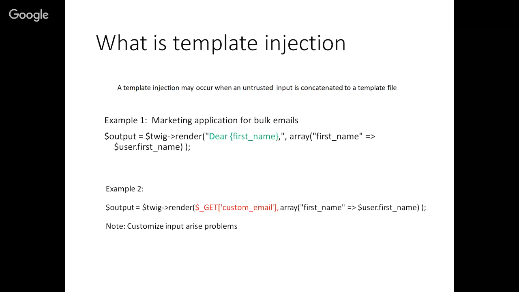So in the first example, if you see the render function, if the message or parameter has been passed inside this function, it's fine, okay. Like we are giving the value inside the template, and we are not taking the input from the user. But what happens in the second example? See, there is a render function inside that, and there is a get function which takes the input from the user directly.